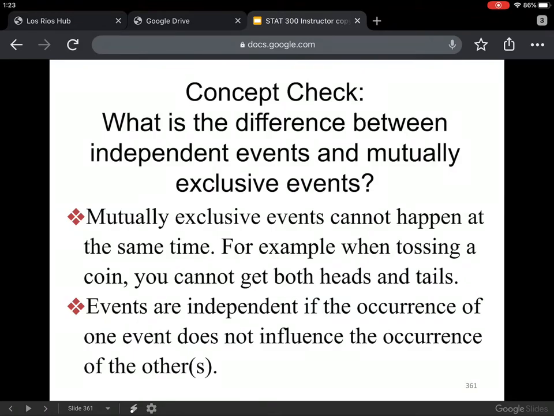And if they're independent, then there is no influence of one probability on the next event happening. Usually we use multiplication and the words independent and dependent when they are sequential events, one after the other, or one and the other happening. Whereas we use the mutually exclusive terminology when we want to say one or the other happening. And there's no overlap if they're mutually exclusive, and if they're not mutually exclusive, then there is overlap.